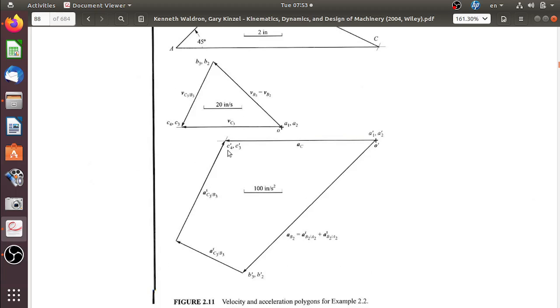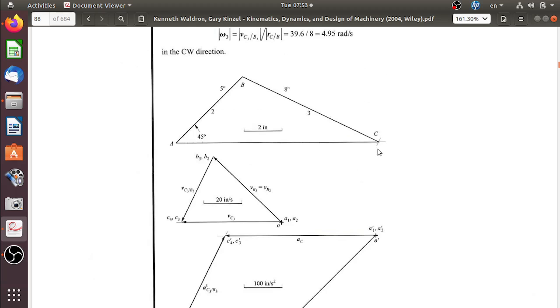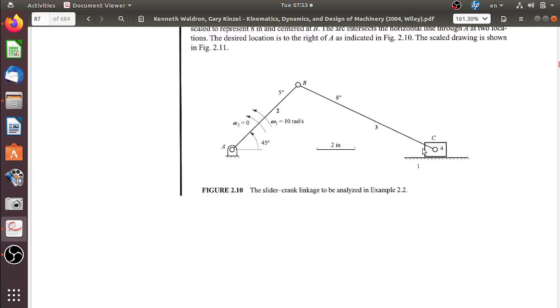And what about the acceleration of the slider? The slider is going through a translation motion, and because of that it is going to have acceleration only in this direction.